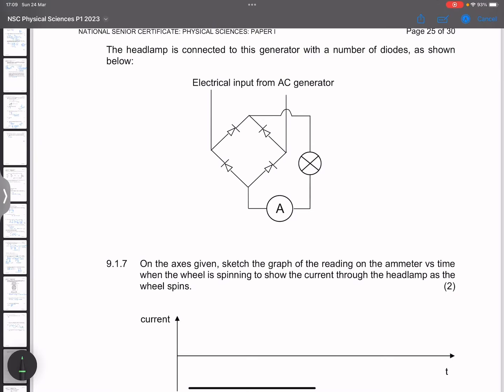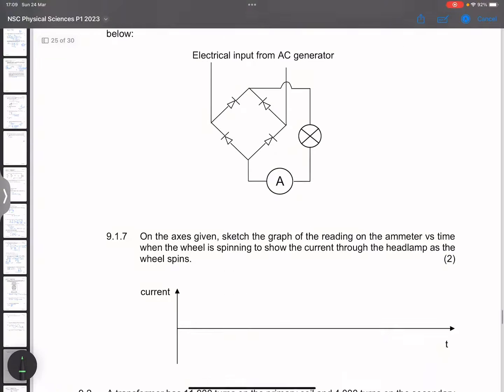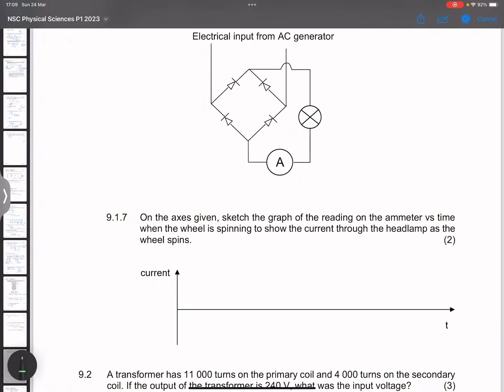They say to us, sketch the graph of the reading on the ammeter versus time when the wheel is spinning to show the current through the headlamp as the wheel spins. Please note, ladies and gents, now that we put a rectifier circuit, what is it going to do?